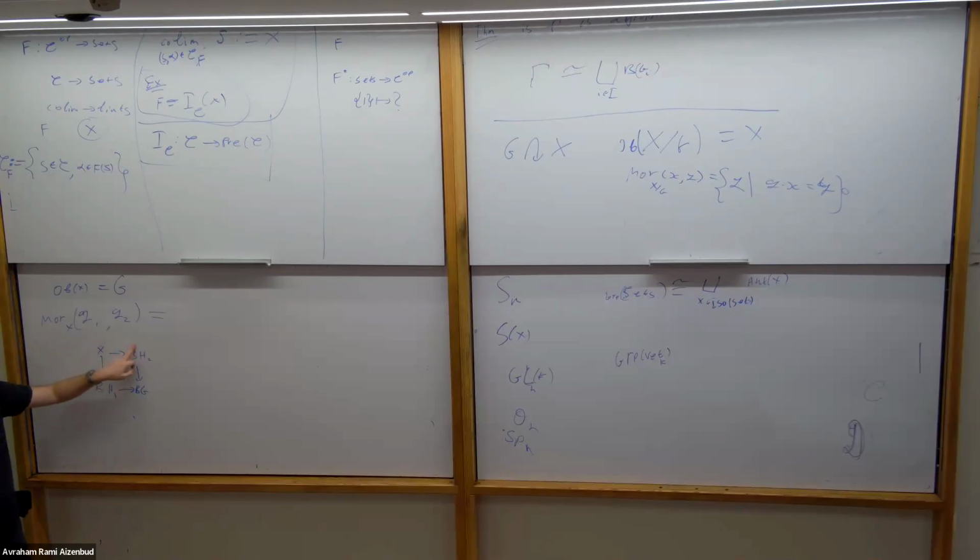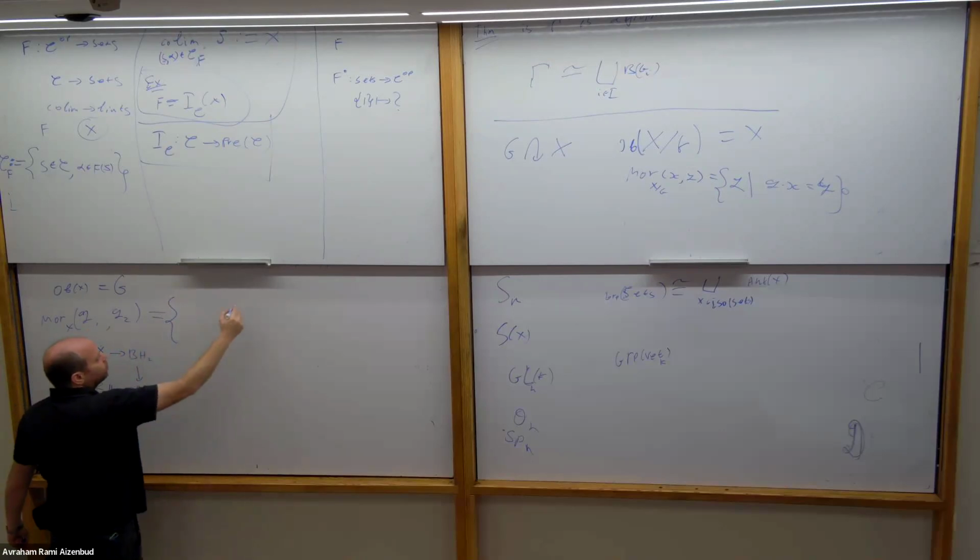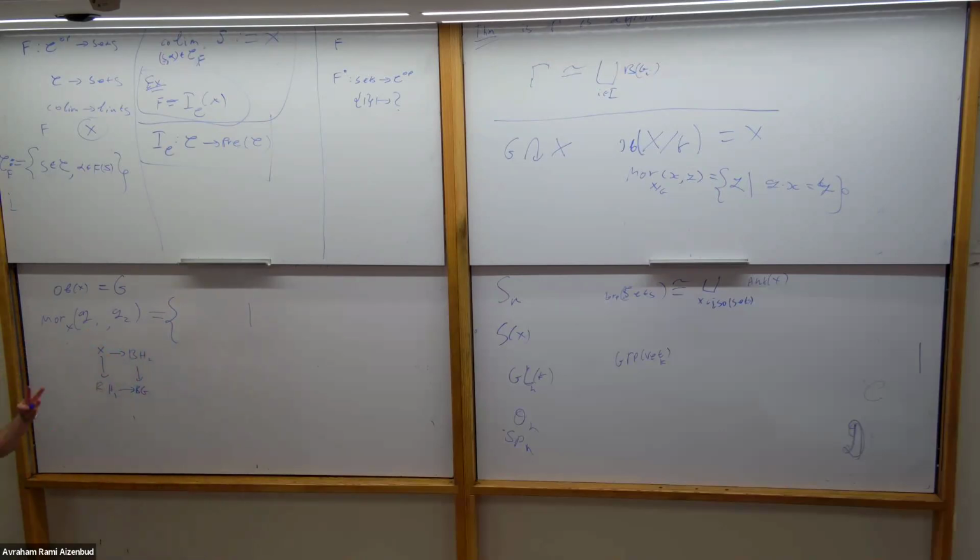It means that we want to find a morphism from the only object here to itself, and a morphism from the only object here to itself, such that something is going to be satisfied. Before we say what is going to be satisfied, where is the data living? What are these morphisms from the object here to the other object here, and from the object here to the other object here?